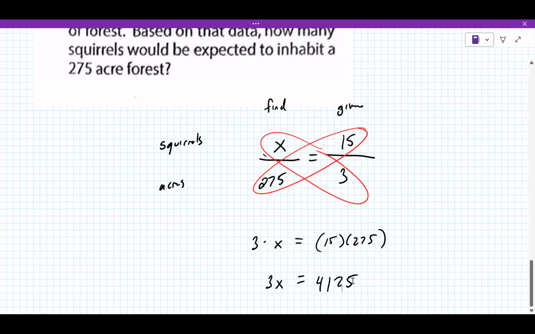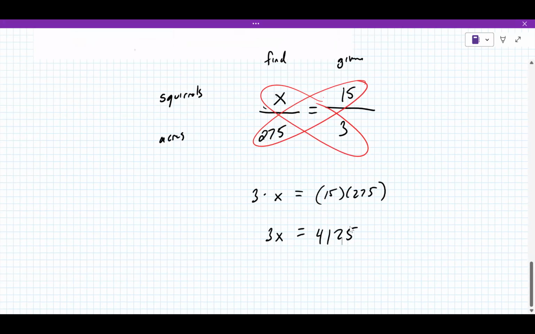Now, what's left to solve this equation? Divide by 3. Yes.